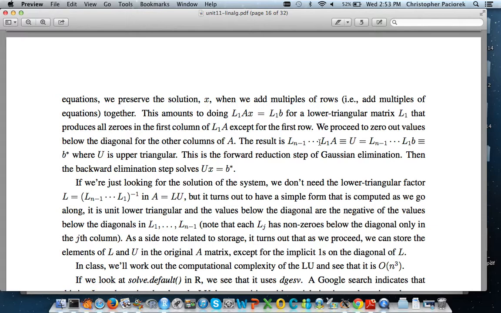But L2 is equal to 1, 0, 0, zeros here, 1, zeros, minus A32, the first next iteration version, over A22, down to minus AN2, 1, over A22, and then 1's, 0, 0.